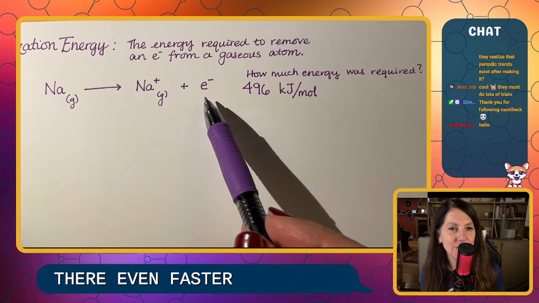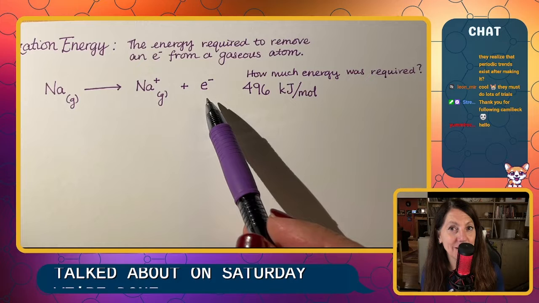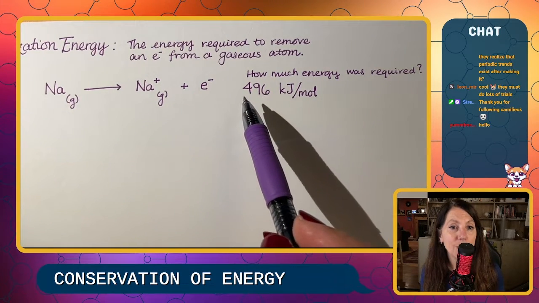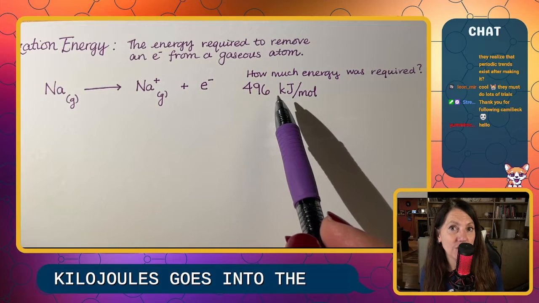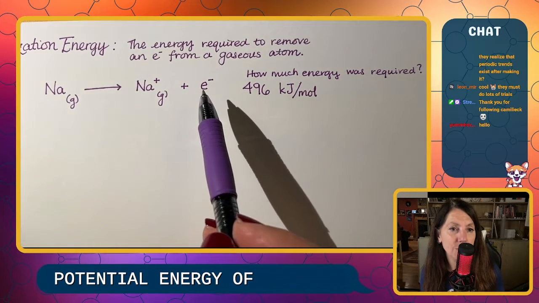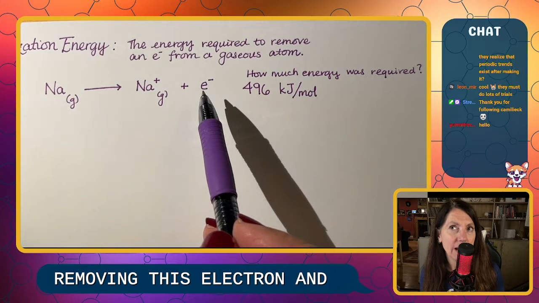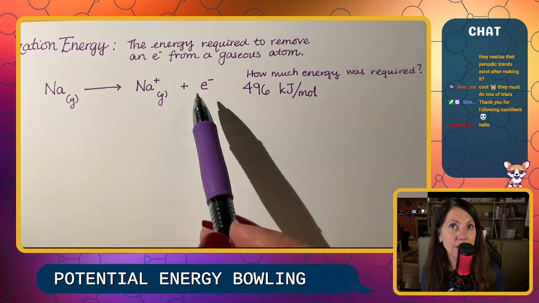As we talked about on Saturday, we were talking about conservation of energy. 496 kilojoules goes into the potential energy of removing this electron. And is potential energy fully accounting for it?